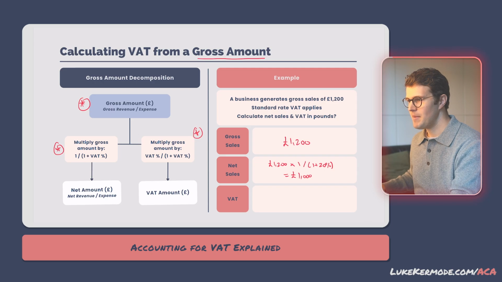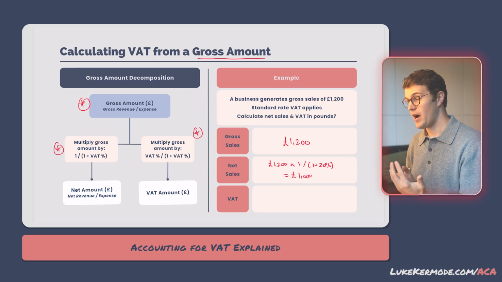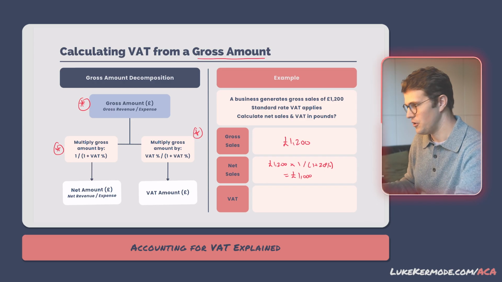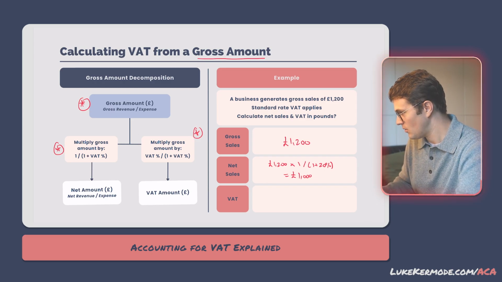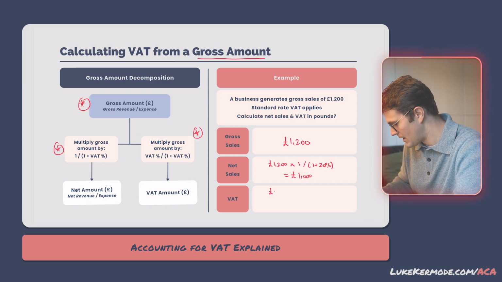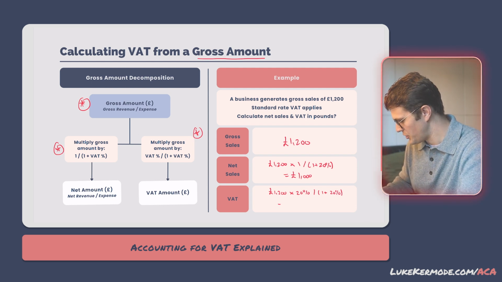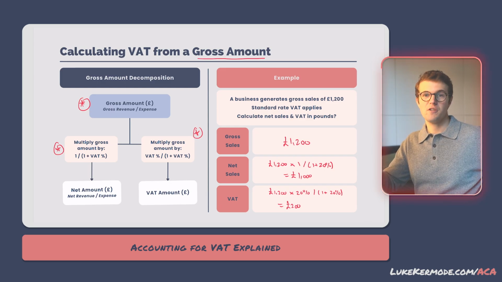To calculate the VAT amount, we could either subtract £1,000 from the £1,200, or we can use the shortcut formula where we take the gross amount, we multiply by the VAT rate of 20%, and we divide by 1 plus the VAT rate of 1 plus 20%, which equals £200. So that £200 is the portion of the sale that belongs to HMRC.